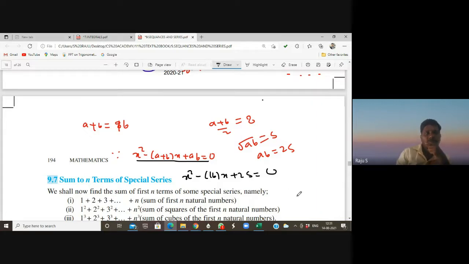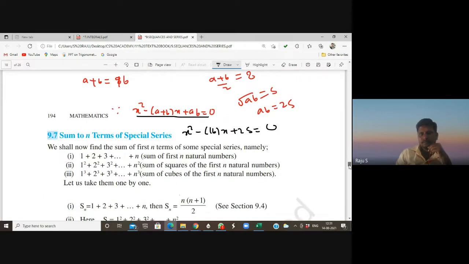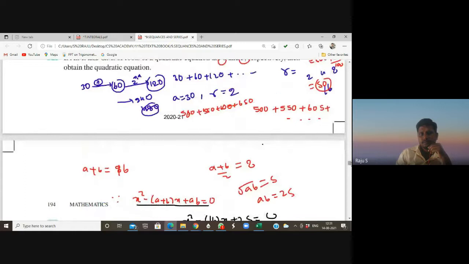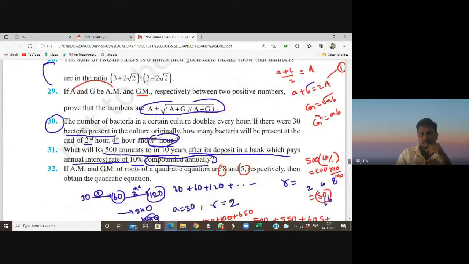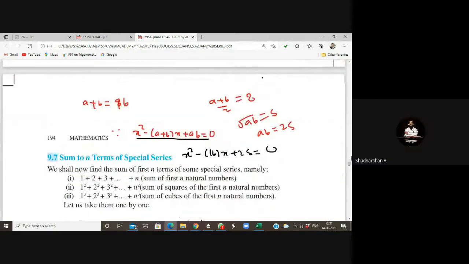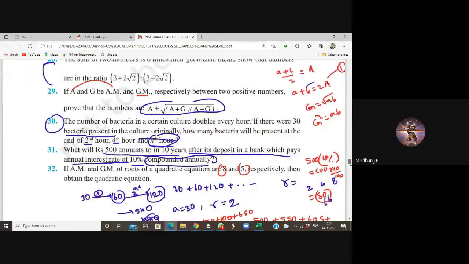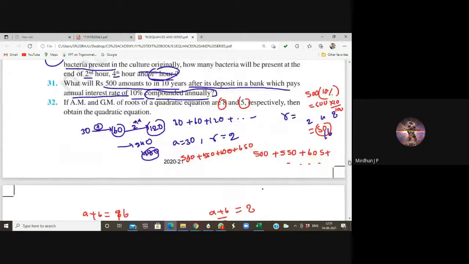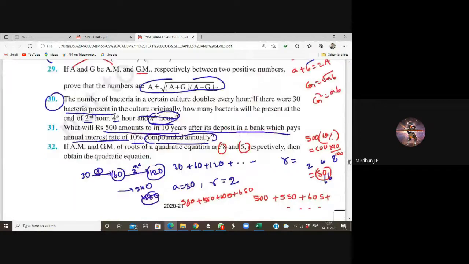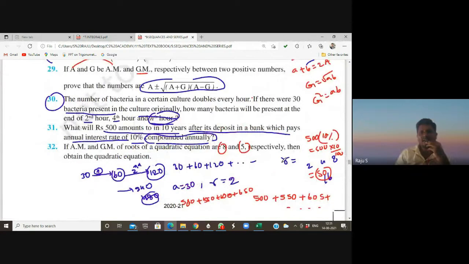Yes or no? But this is not enough for 5 marks. They will ask for more steps, so this kind of question they won't ask for 5 marks. They may ask for 3 marks. Clear?